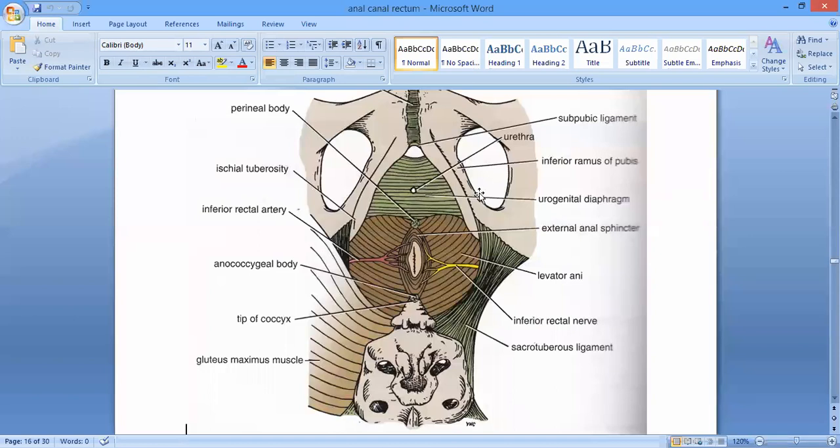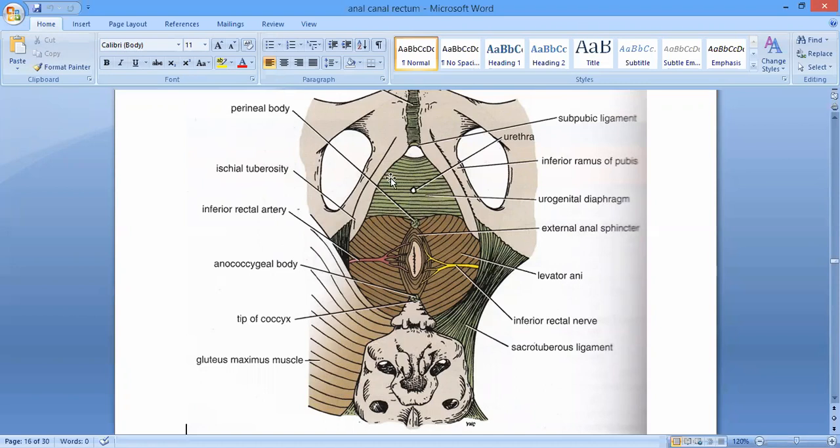Now anteriorly, this anal canal is related to a fibromuscular structure over here, right? That's called the perineal body. In front of the anal canal, there is a fibromuscular structure called the perineal body, and it receives certain muscle fibers.